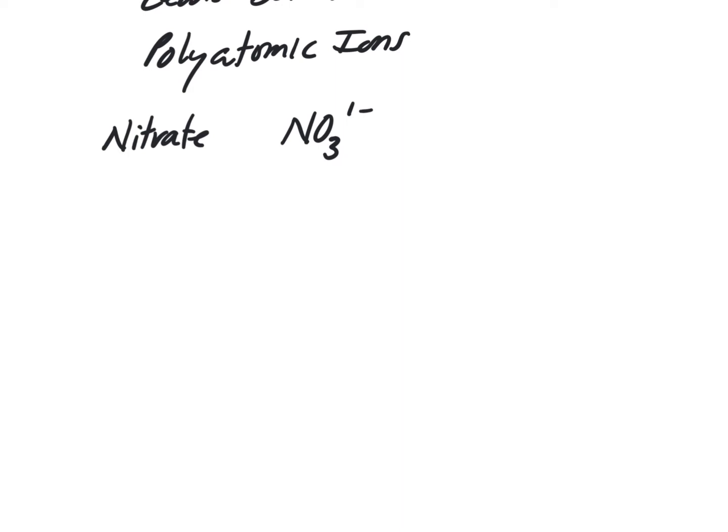If we just go through the same procedure that we've been going through, I would count the valence electrons. Nitrogen has 5 valence electrons. Oxygen has 6, but we have 3 of them, so that's 18. All right, now 18 plus 5 is 23.